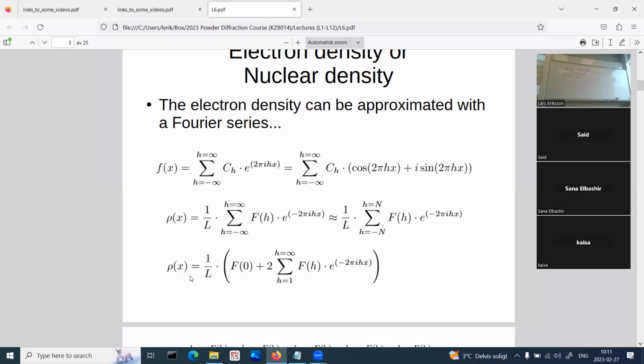Then we also have an average. But this is valid for both electron density and nuclear density. The only thing that differs is the form factor.